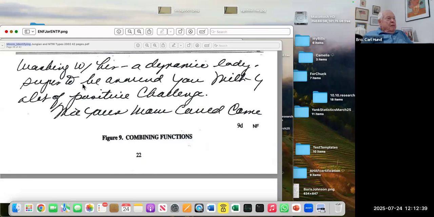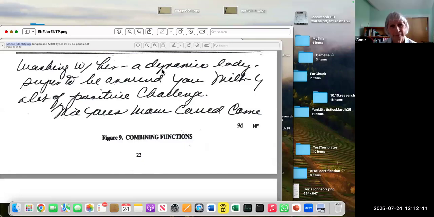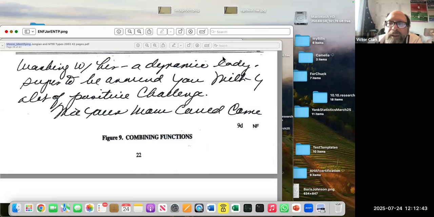What I would look at then is, the guy that put this together, Milt Moore, he was thinking that the other function was the intuitive function.